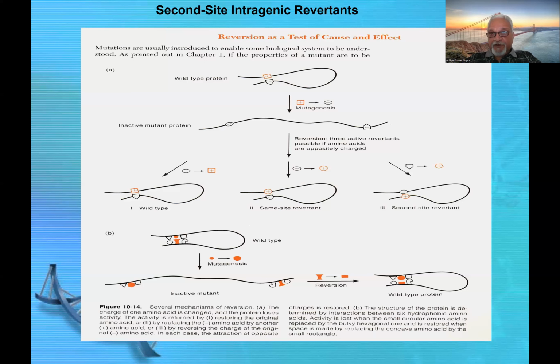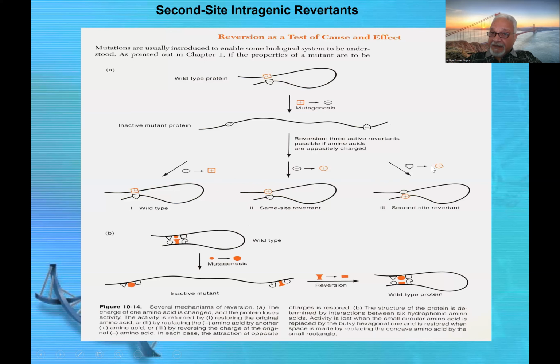Now, if it was positively charged, it became negatively charged as a consequence of the same site, same place, second mutation, changing the polarity from positive to negative or negative to positive. But it is not true reversion because the amino acid is different. Only the nature of the amino acid is such that it is able to interact.